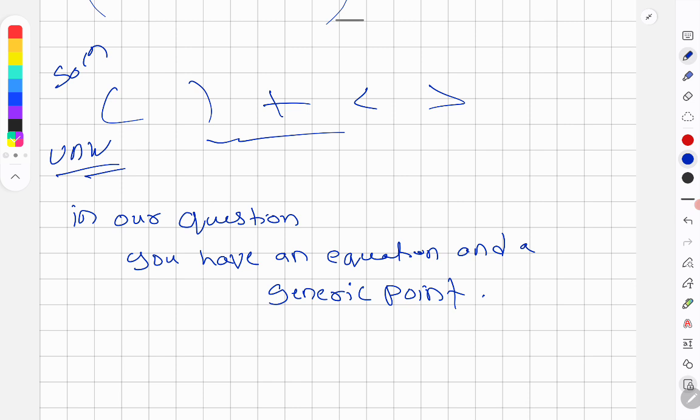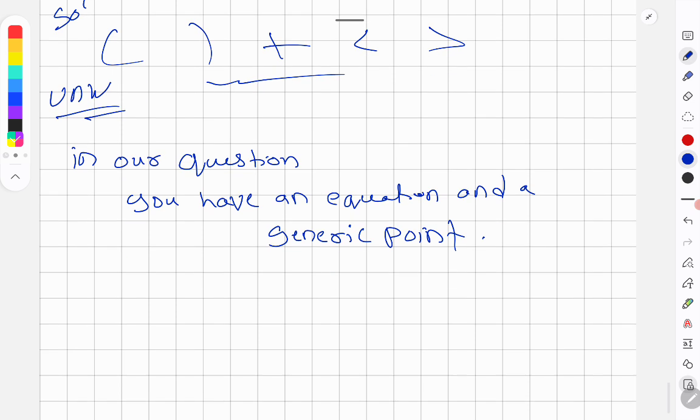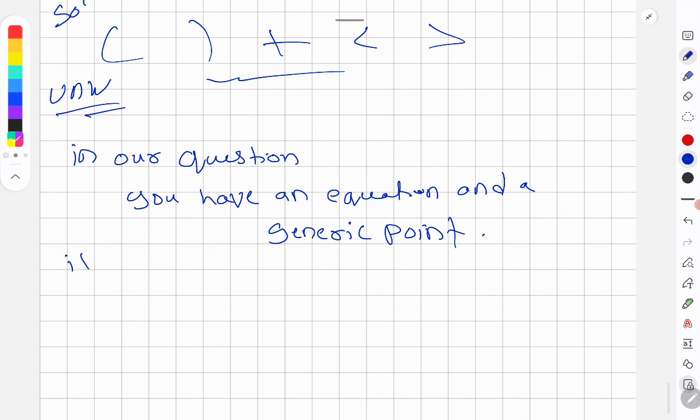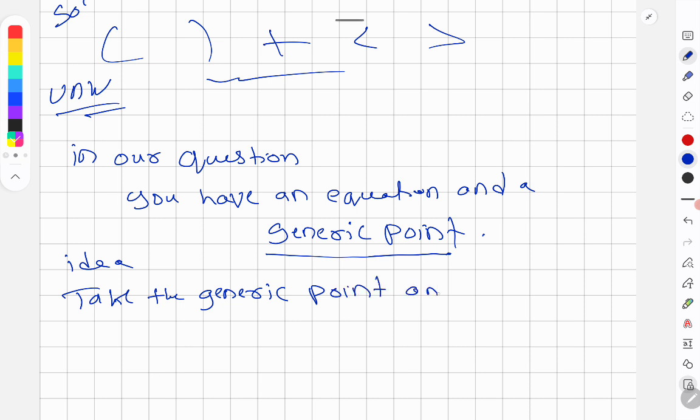So here the idea could be, take this generic point and substitute it in the equation.